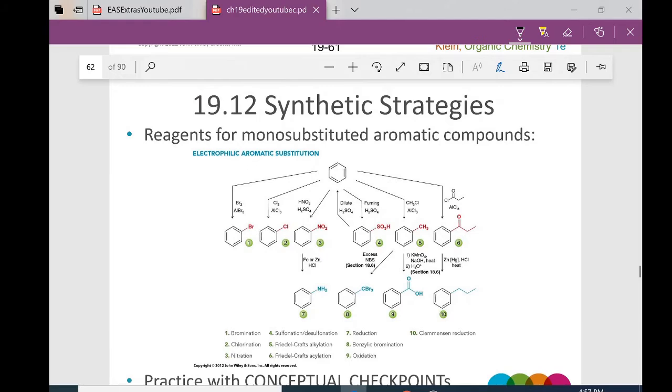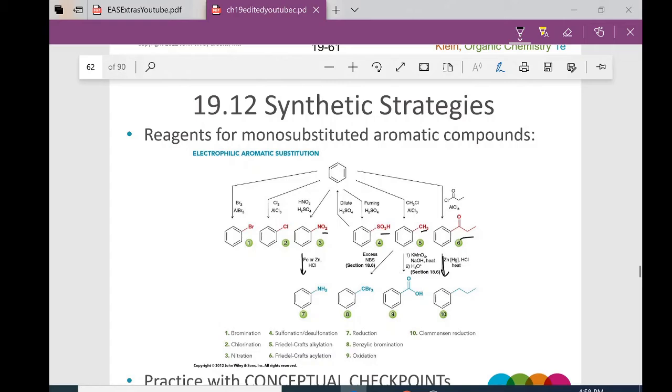So we've seen a lot of synthesis strategies in this chapter. We've seen how to install a bromine, a chlorine, a nitro, a sulfonyl, a methyl, and an acyl group. We've seen how to convert the nitro group to an amine group, and the acyl group to reduce that to an alkyl group.